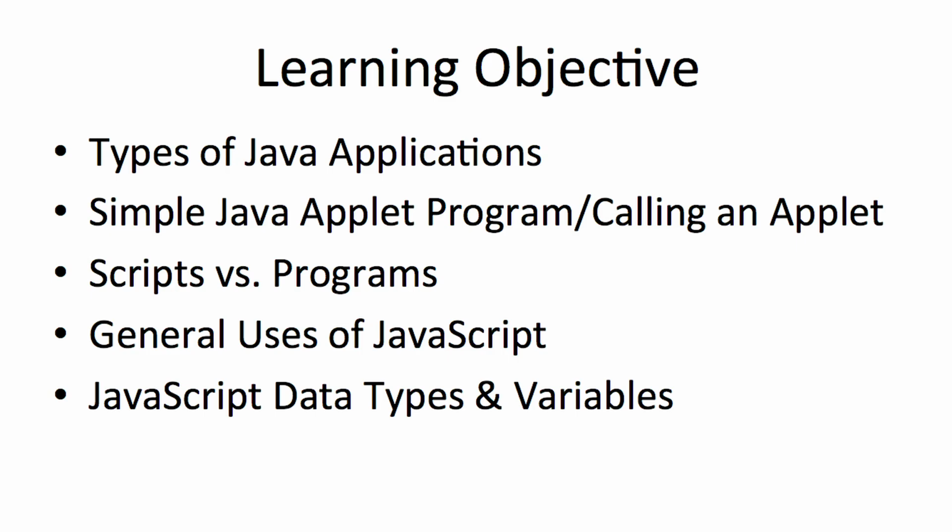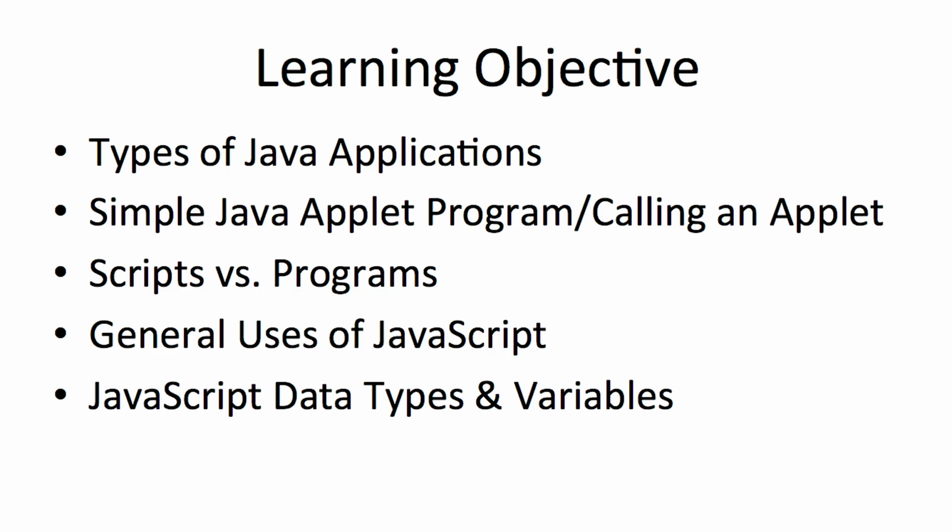So, we will discuss the types of Java application in this class, a simple Java applet program, how to call an applet program, the difference between script and Java program, a simple Java program, general use of JavaScript, JavaScript data types and variables with JavaScript examples. So, this was the learning objective of this lecture.